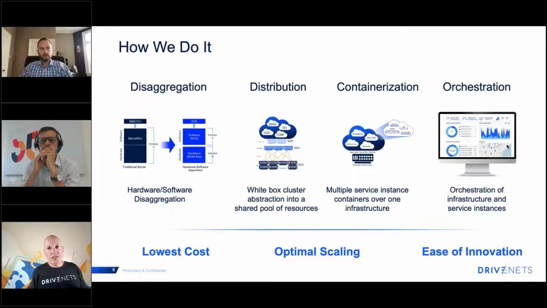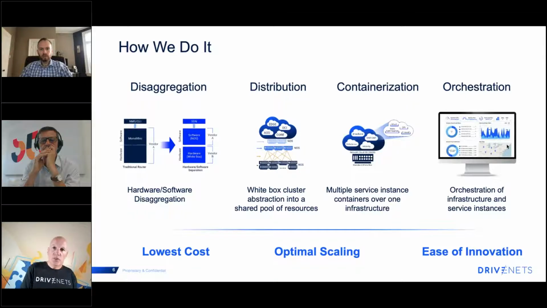We create a cluster and group a bunch of white boxes together into a shared pool of resources. So you might have multiple white boxes, a few or tens of white boxes in a single site, but all of them will act as a single hardware resource.